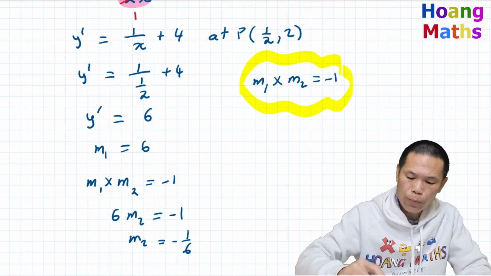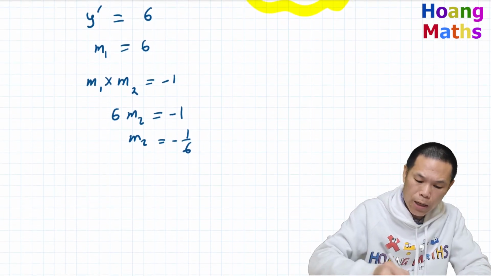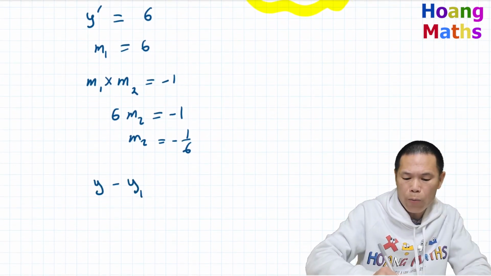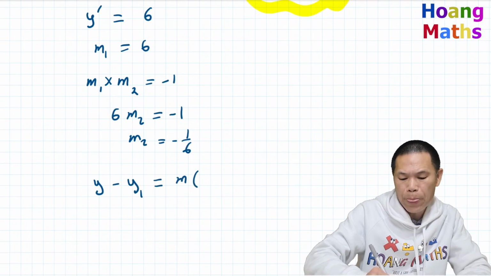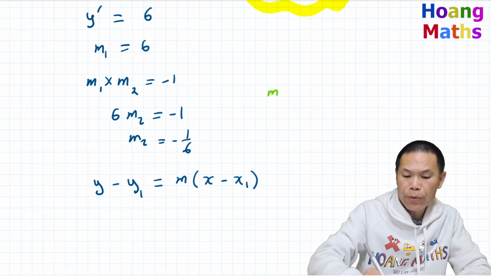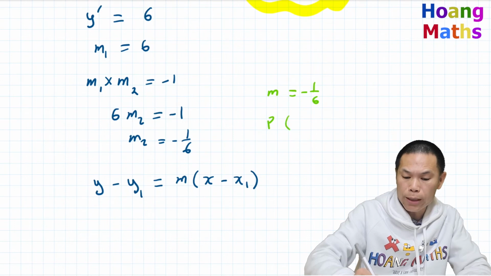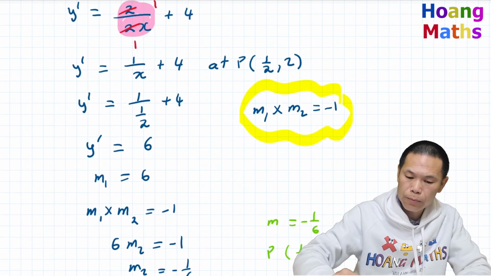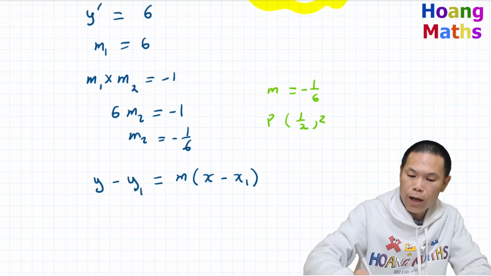Now what we do, we just use this equation here: y minus y1 is equal to m times x minus x1. Let me just note this down. So we know that m is equal to -1 over 6. And we also have the point, which is a half and 2.